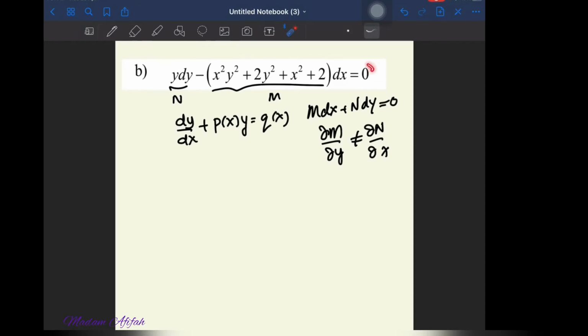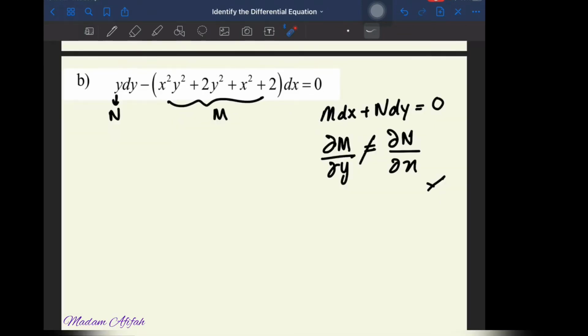When you try to rearrange this differential equation, you cannot write it into the general form of linear equation. So therefore, this is also not a linear equation. So you end up with separable and also homogeneous equation.